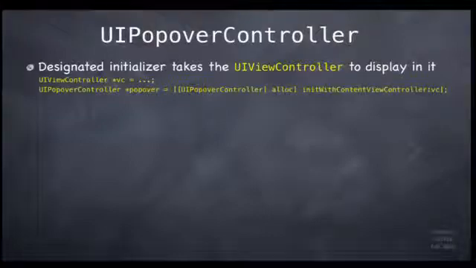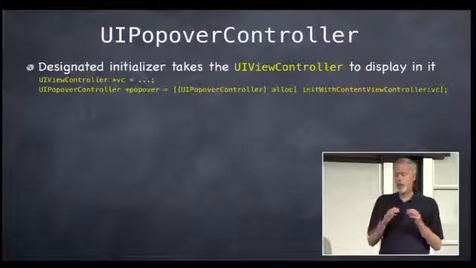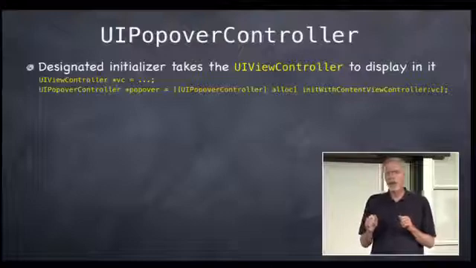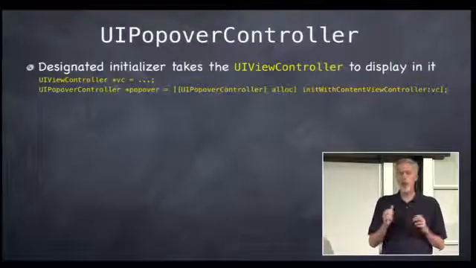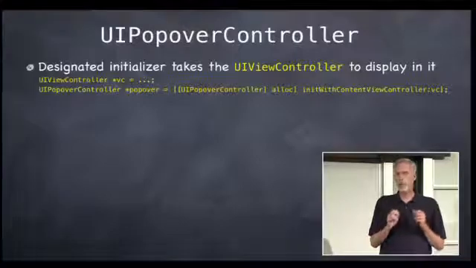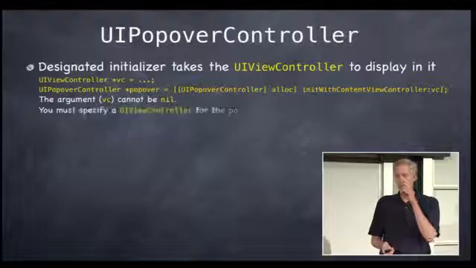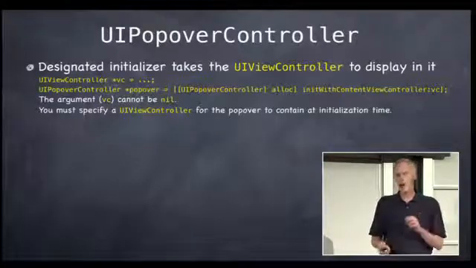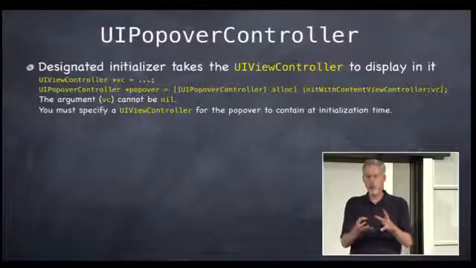So how do we create a UI popover controller? With alloc init, but it's not alloc init, it's alloc init with content view controller. All right, so this is its designated initializer. And you can't call plain alloc init. It won't work because this UI popover controller, the argument there, the view controller, cannot be nil. You cannot create a UI popover controller with no UI view controller inside it.